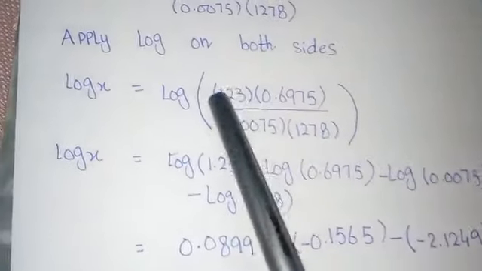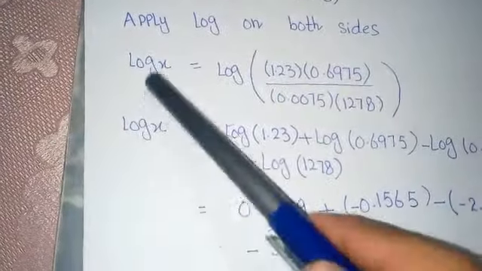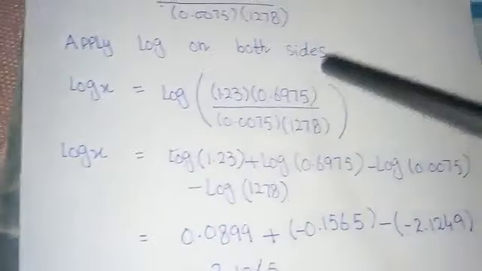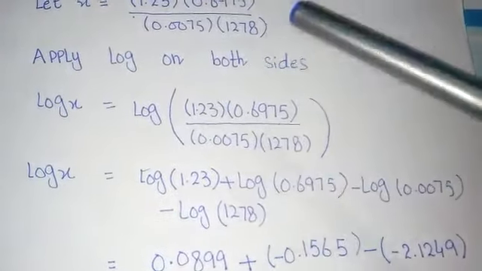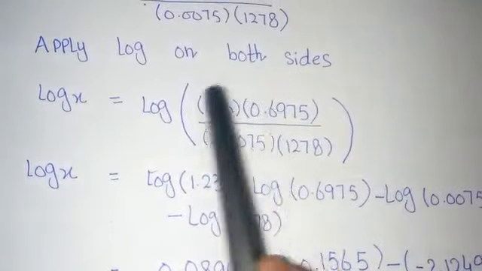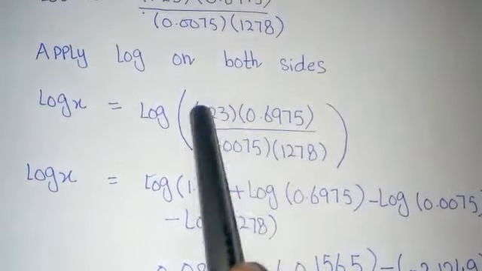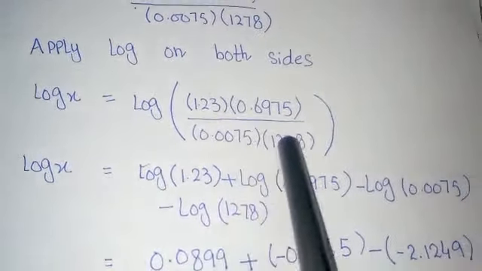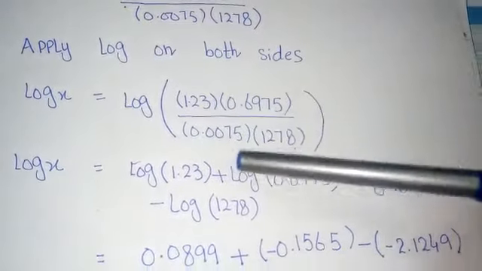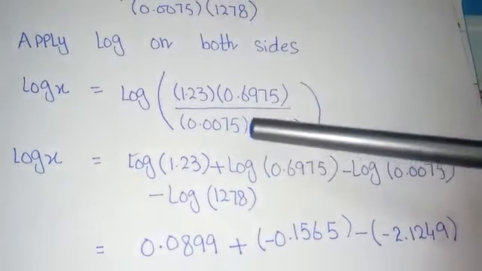Clear? Now on the left hand side we have log of x as it is, but on the right hand side we will open the bracket. You can see these two numbers are multiplying, so they will change into addition, and these two numbers are dividing, they are in the denominator, so they will change into subtraction.